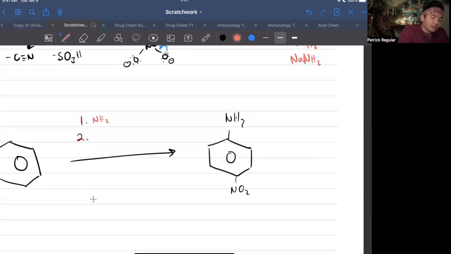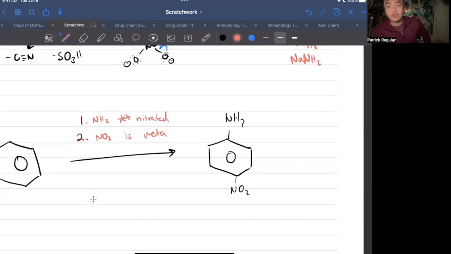NH2 cannot be nitrated. And NO2 is meta-directing. Okay, so I'm going to show you two different strategies. A common strategy is blocking the ability for NH2 to mess up everything, essentially.